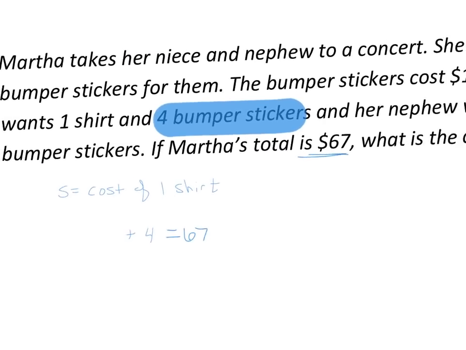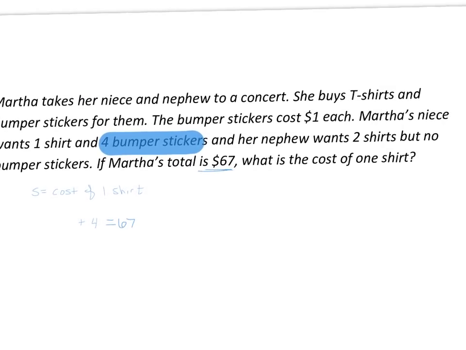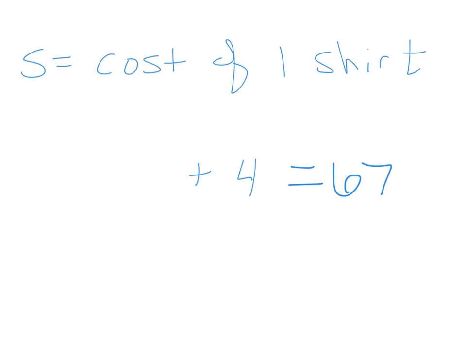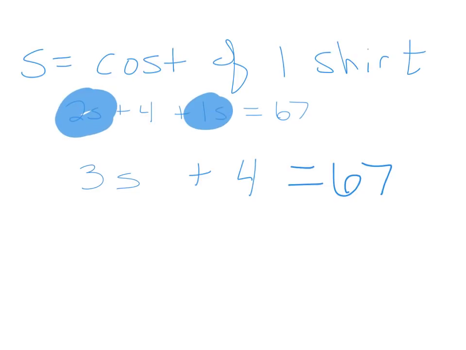On our T-shirts, it says her niece wants 1 and her nephew wants 2, so we have a total of 3 T-shirts. If you had said 2 T-shirts plus 4 bumper stickers plus 1 T-shirt equals 67, that would have been the exact same thing; we're just combining like terms. Now you're going to solve.